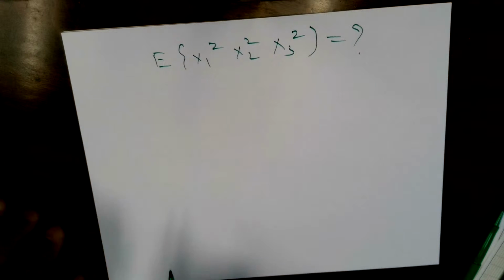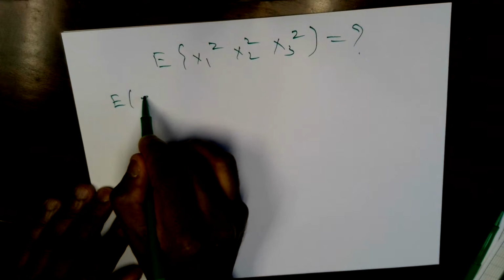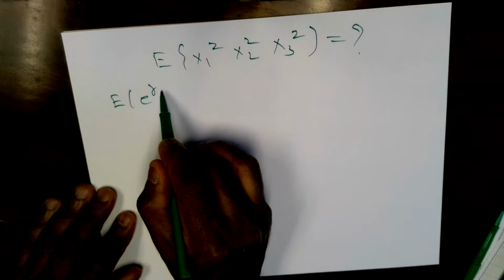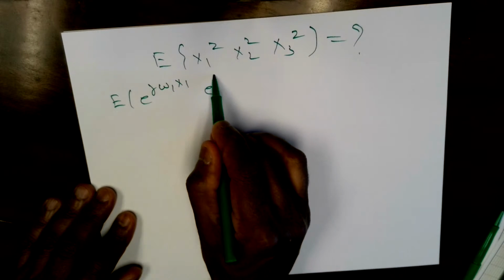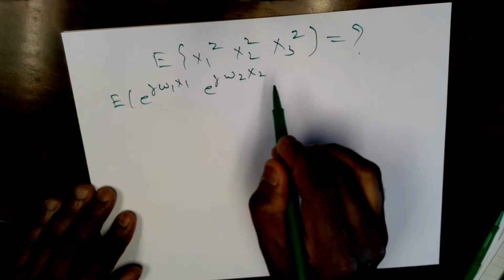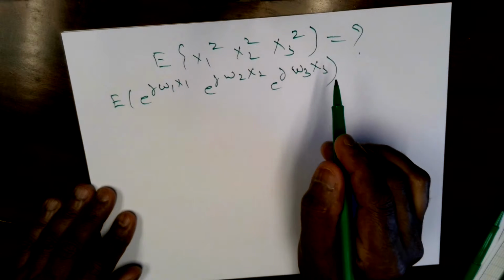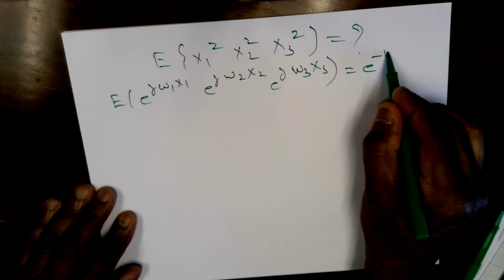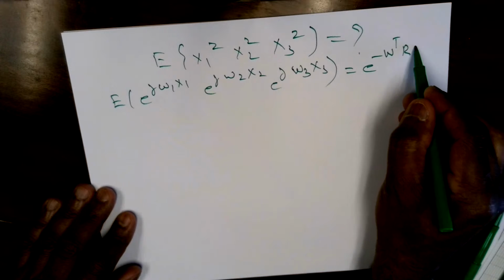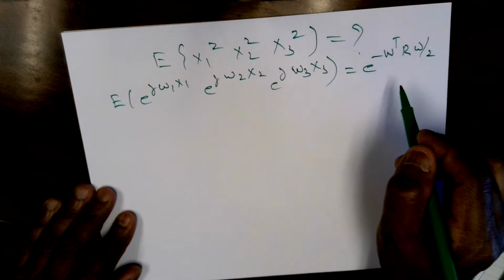So we start with the expected value of e to the power j omega 1 x1, e raised to j omega 2 x2, e raised to j omega 3 x3, which is e to the power minus omega transpose R omega by 2.